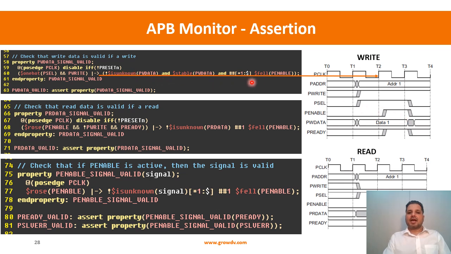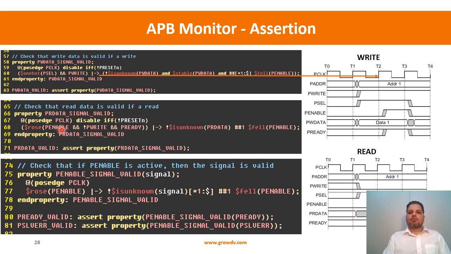And because of this AND condition, all of them are expected to start at the same time. So till the P enable goes low, it will expect the PW data to hold the unknown plus the stable value. And then we have checked that the read data is valid.